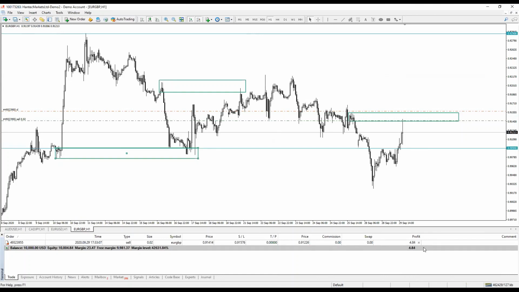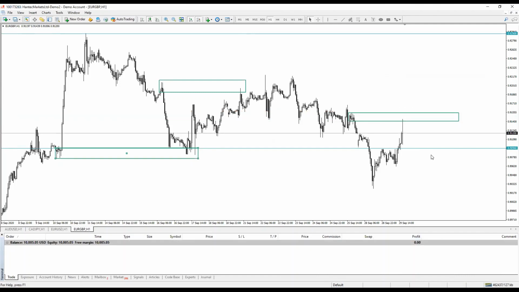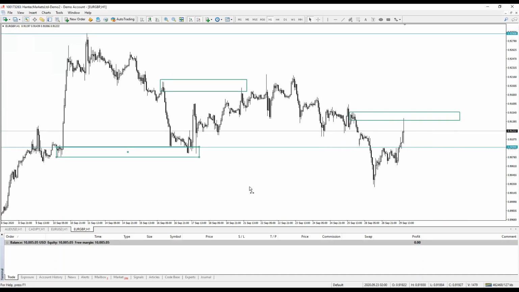Okay, let's just take this, close that trade, because we didn't really do enough work about the target. So that's just to show you the supply that had just worked.